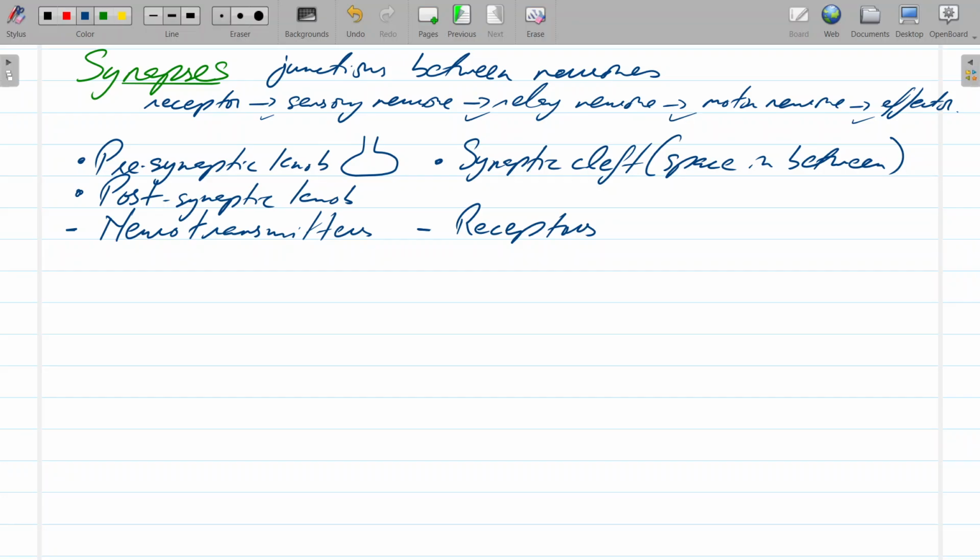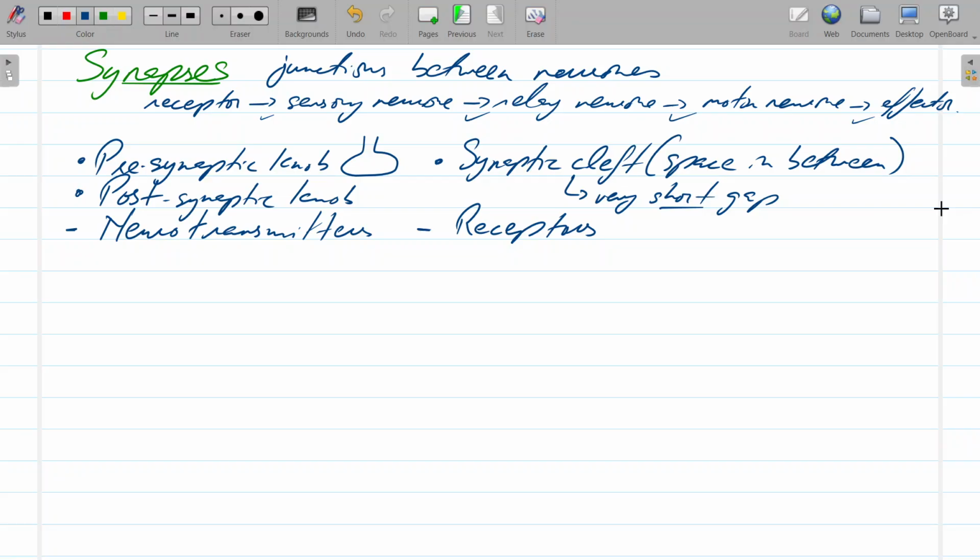So different neurons don't touch each other. They are very close, right? So the synaptic cleft is a very short gap. And the reason why it's very short is to make diffusion efficient. We know that diffusion is only efficient over very short distances. And so the neurotransmitters, as we'll talk about, travel from the presynaptic knob to the postsynaptic knob through the synaptic cleft via diffusion.